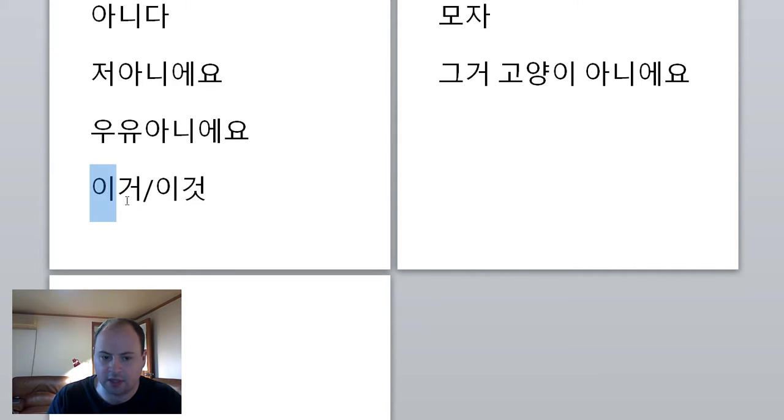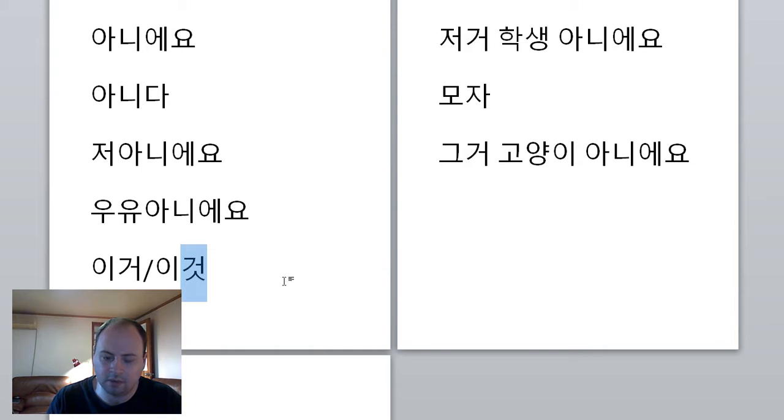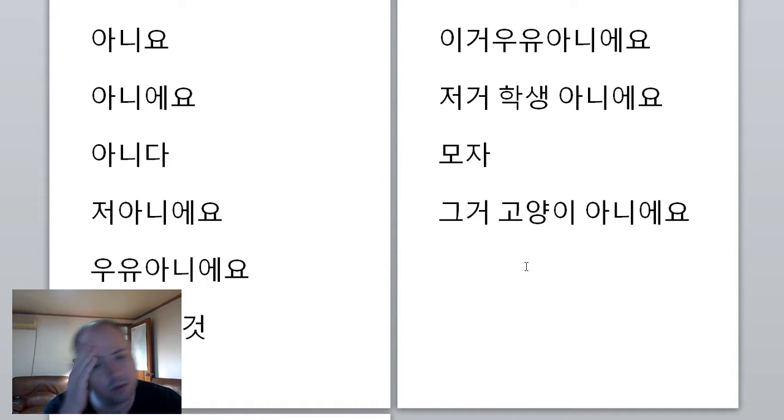I can kind of understand using 이, using 저, and using 그. And of course we put the 거 on the end, but why is it never this one? Because there must be a reason. So, yeah, that's that really. It's not a very difficult one.